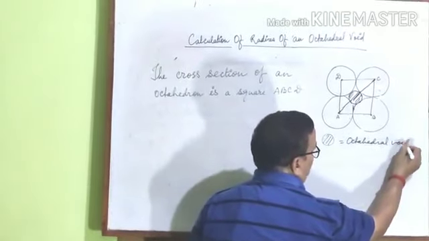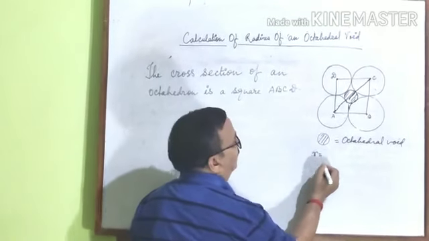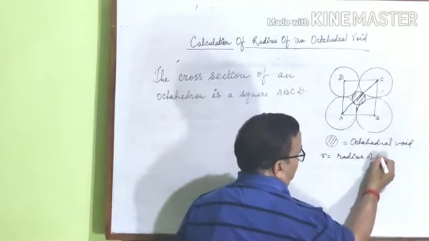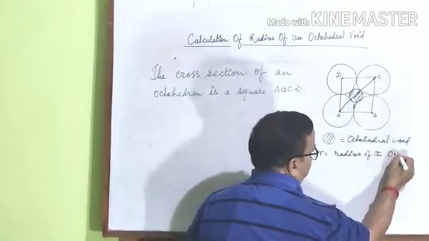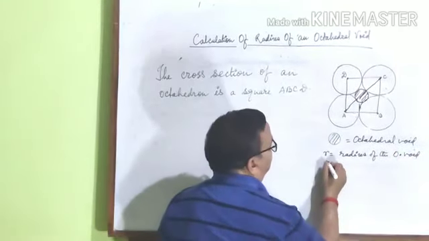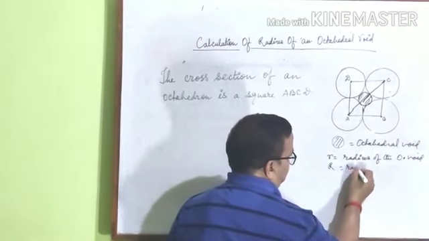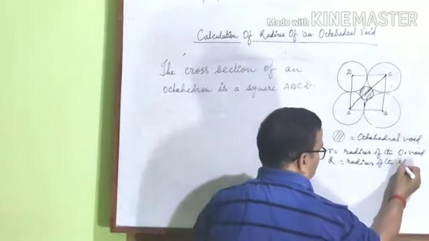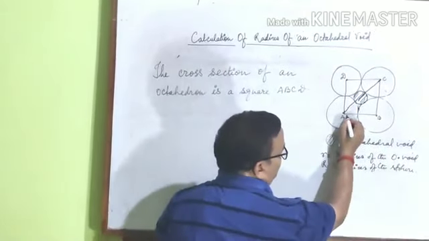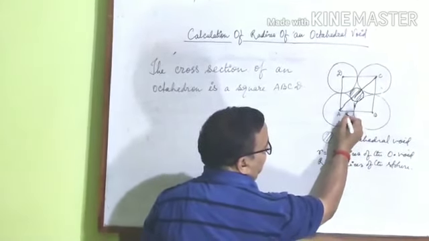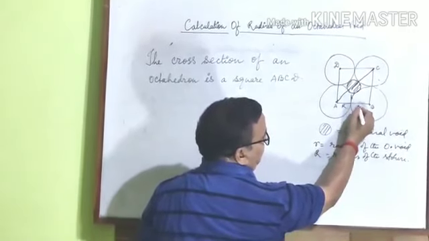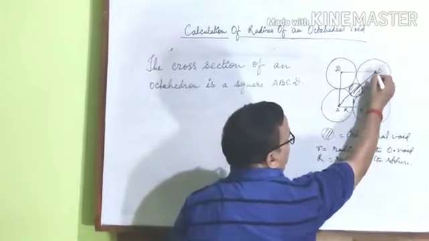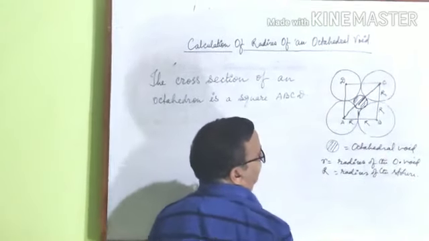Now let us assume that r, small r, is the radius of the octahedral void, and capital R is the radius of the sphere. So this is the radius R, this one is also R, this one is also R, and this one is also R.